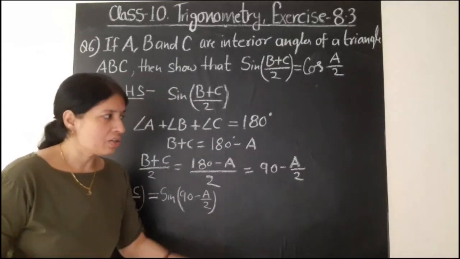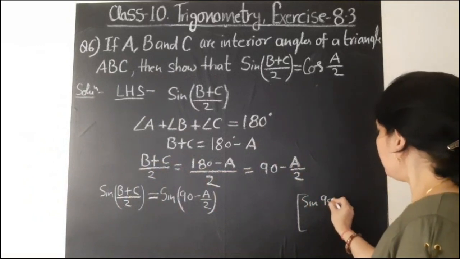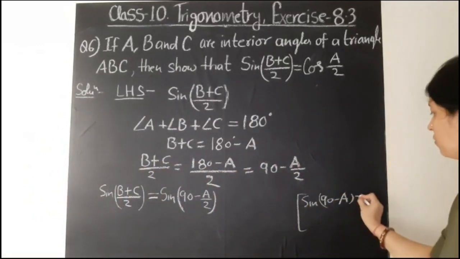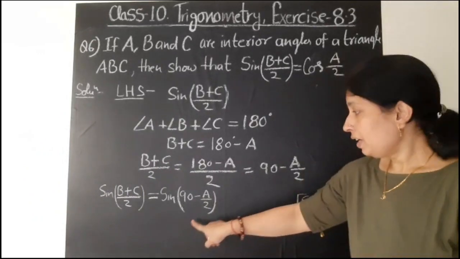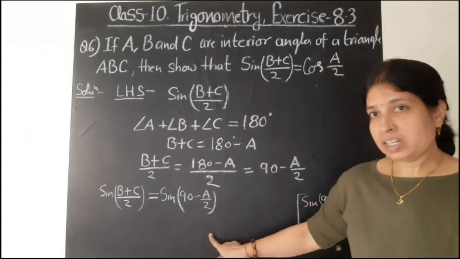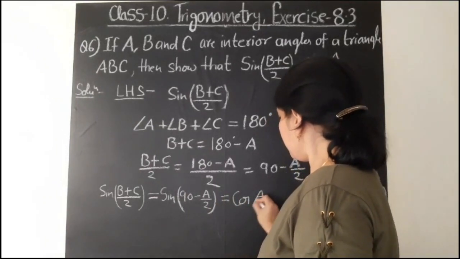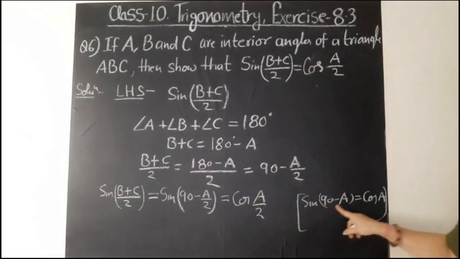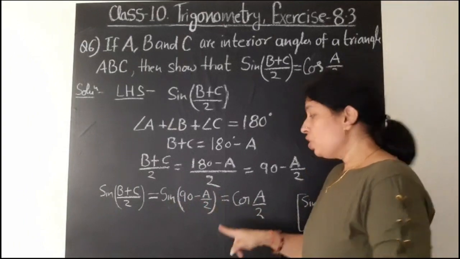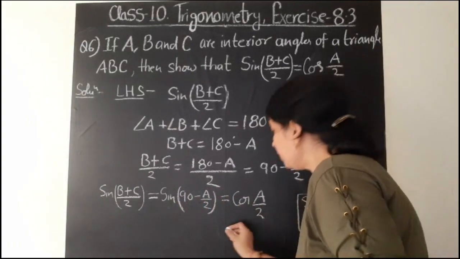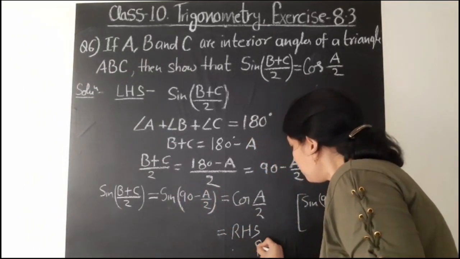Sine 90 minus A is equal to cos A. Use this formula. Here in place of A it is given A by 2. So it comes cos A by 2, because sine 90 minus A is equal to cos A. So you will get cos A by 2. That is RHS. So this one is proved.